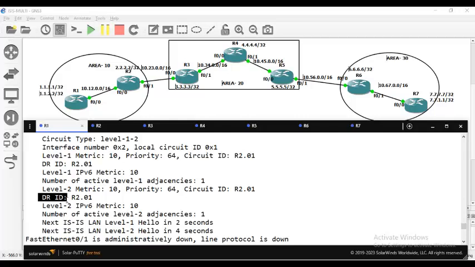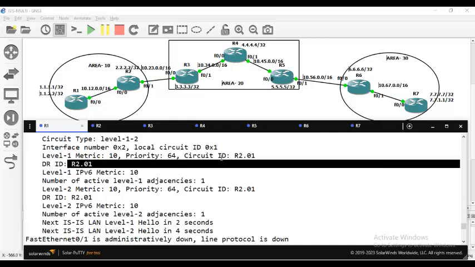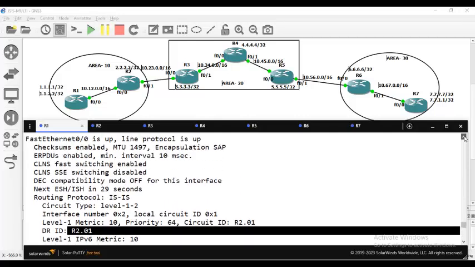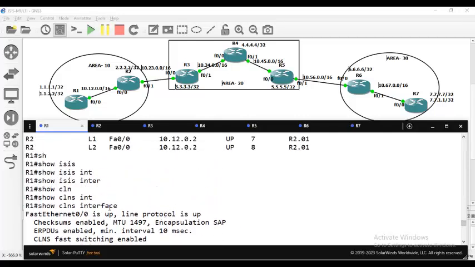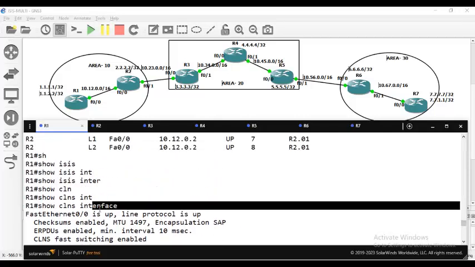Show CLNS interface. Right, interface F0/0. Yeah, it shows very clearly only F0/0. So there are 2 levels of adjacency. Sorry, this is IPv6. This is IPv4. And this is the DR for L1. This is the DR for L2.